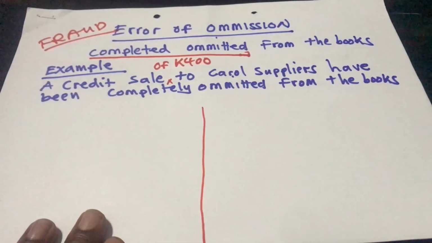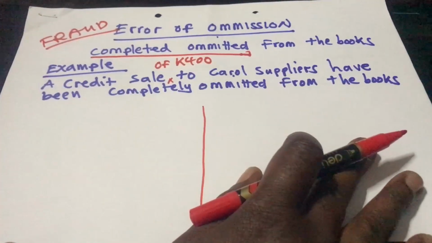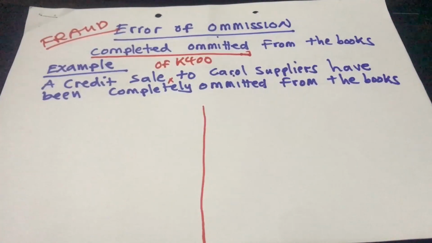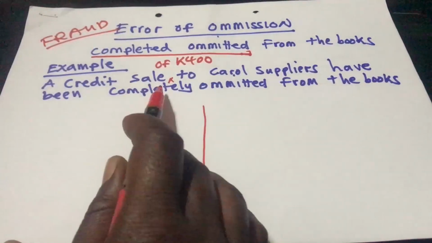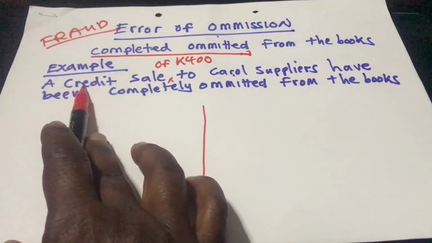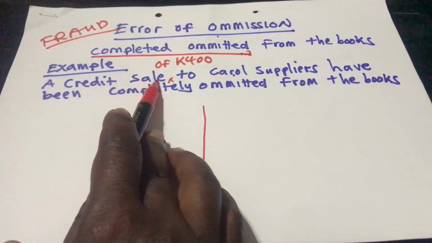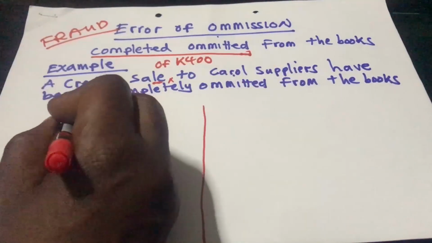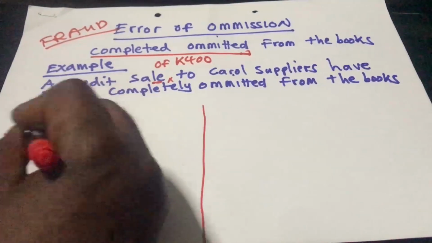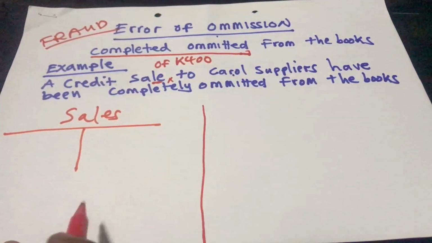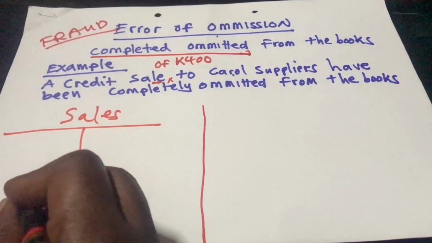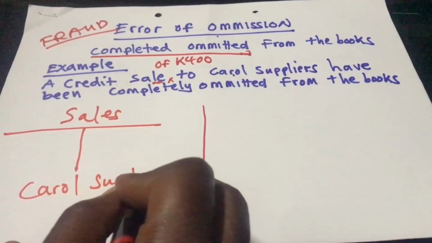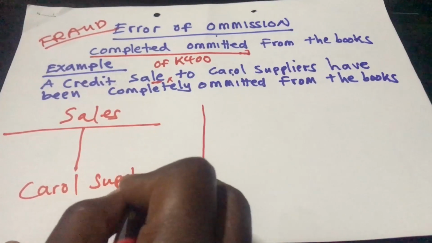So what I'll do today, this side I'll be writing a journal, this side I'll be writing the correct entries. Okay, so what is happening here is you've got two accounts. So there was a credit sale here to Caro suppliers. So you've got sales, and since it was a credit sale, you are going to write the name of the supplier, Caro suppliers.